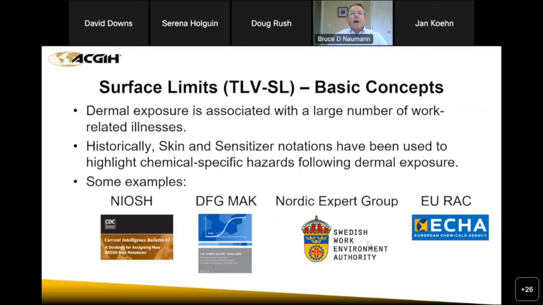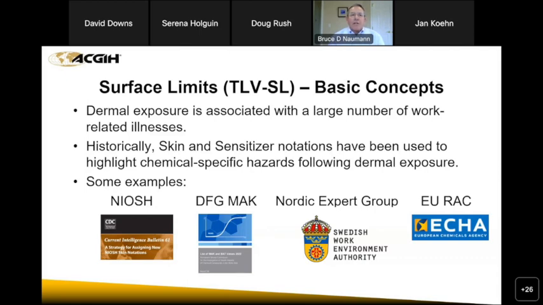So moving on to the last part of the talk, surface limits. I want to just go through some basic concepts here. Surface limits are something that has not been the focus up until now. There are some exceptions, but dermal exposure is really associated with a good number of work-related illnesses. We've used skin and sensitizer notations, but we felt that it was time that we start setting surface limits for certain compounds.